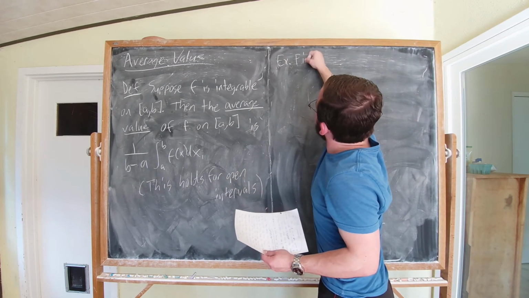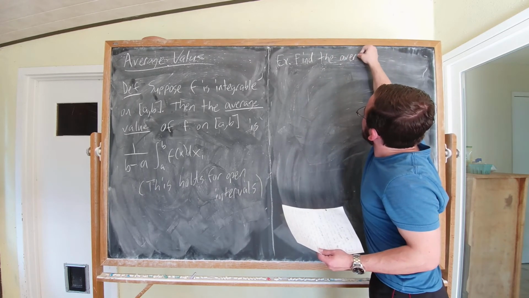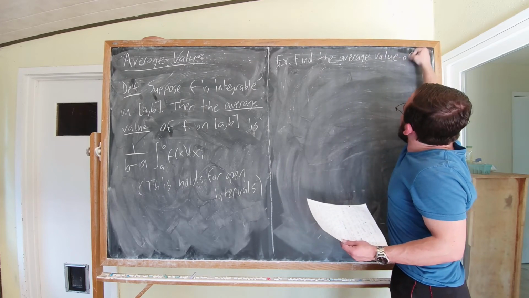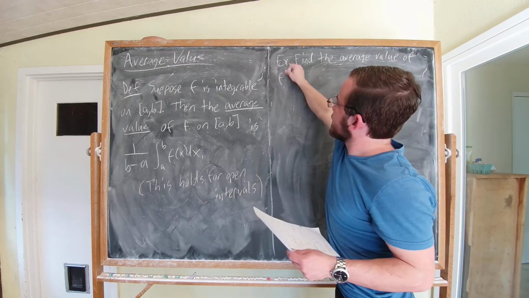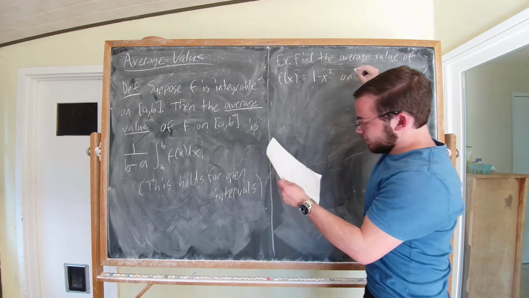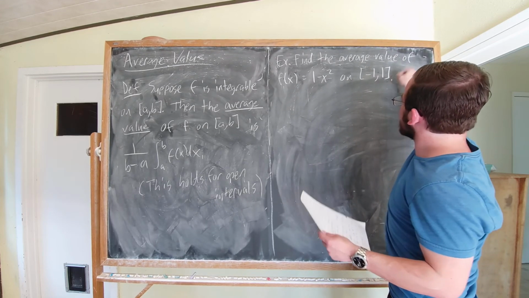Let's find the average value of f of x equals 1 minus x squared on the interval -1 to 1.